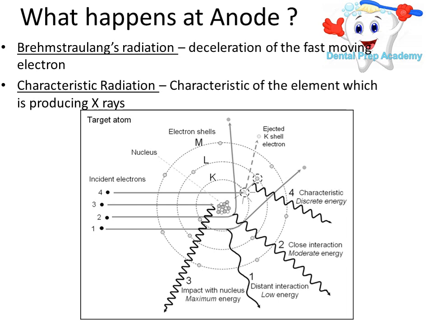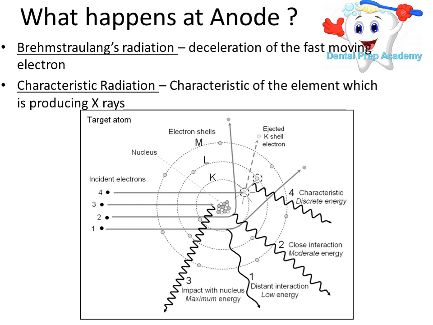Now, characteristic radiation is called characteristic because it is characteristic of the element on which the electrons are falling, the element which is producing the X-rays. So, what happens in characteristic radiation?